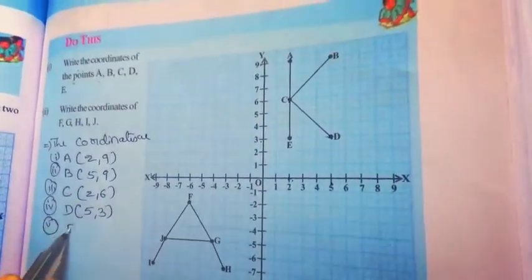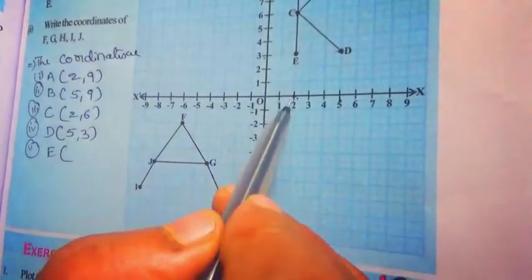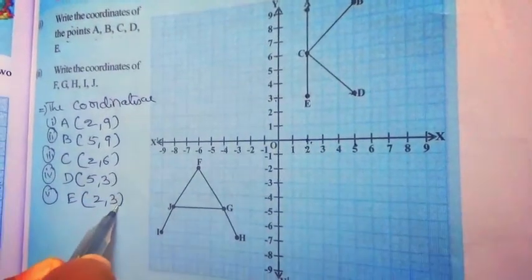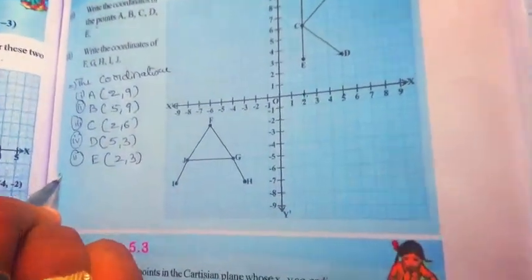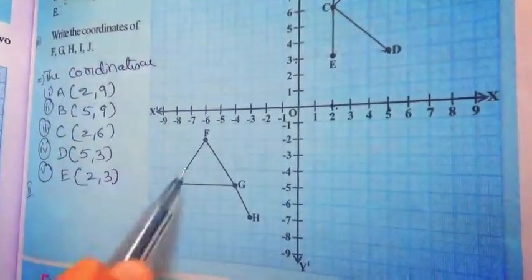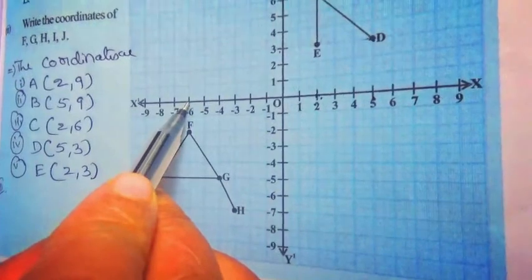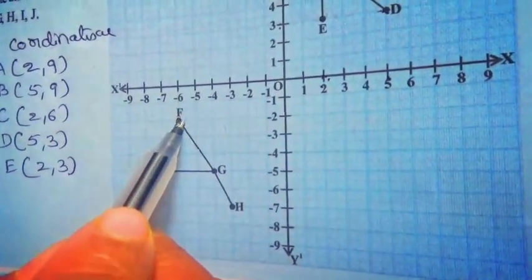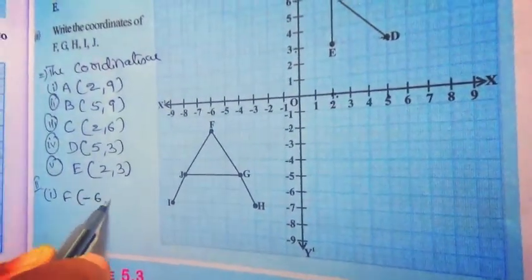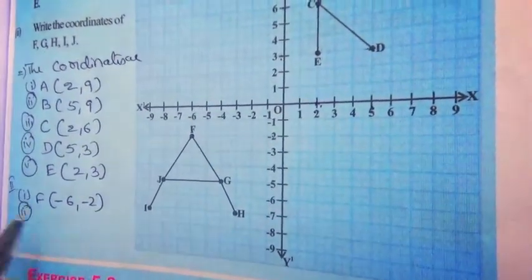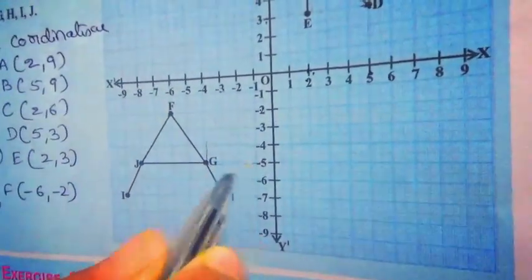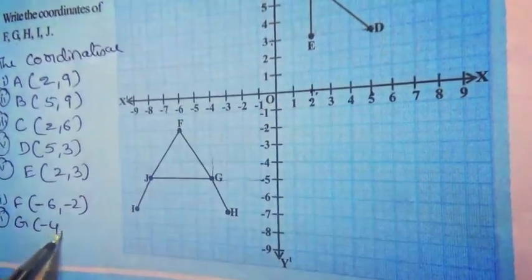Fifth, E. Where is E? 2 on the x-axis, 3 on the y-axis, (2, 3). And just like that, the second sum also. From here, F, G, H, I, J. F is where? Here. F is (-6, -2). Second, G is (-4, -5).